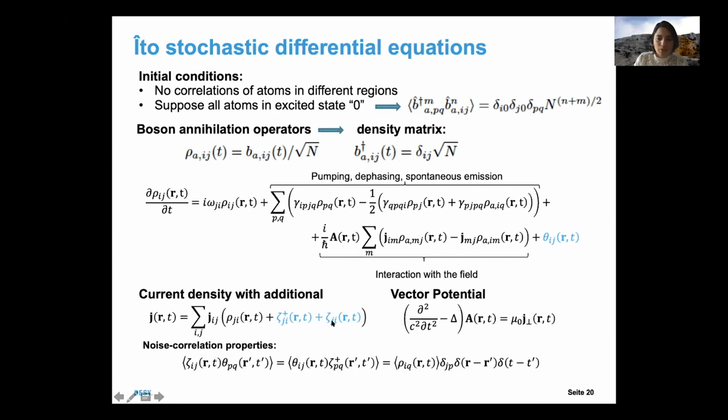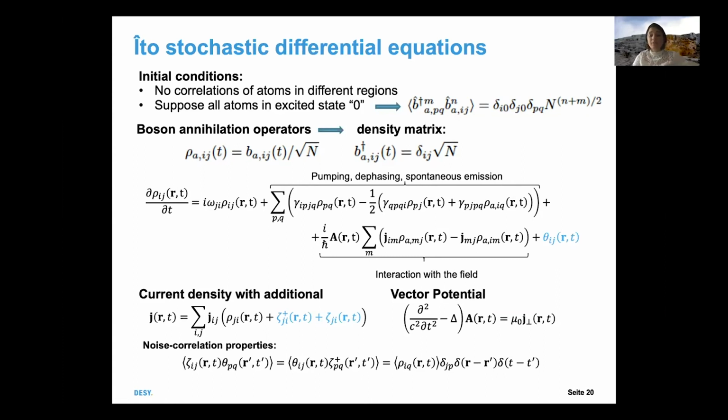We have then also an equation for the currents that create the fields, and the noise terms in these currents and in this simple density matrix description are correlated. So you see that that's the kind of correlation of the noise properties we need to realize.